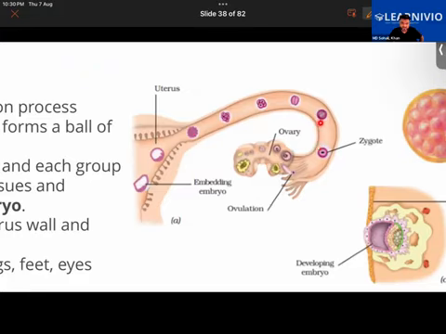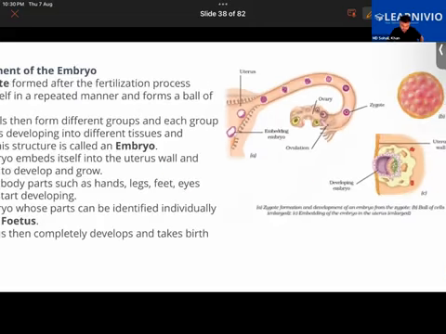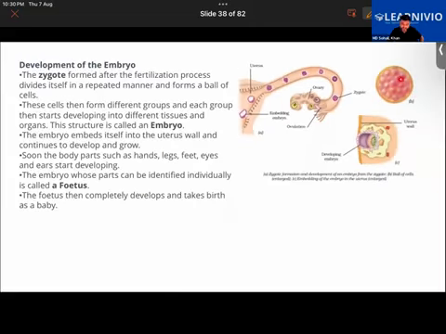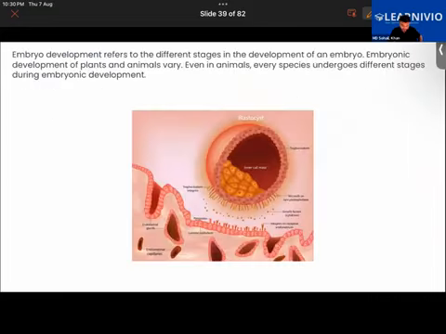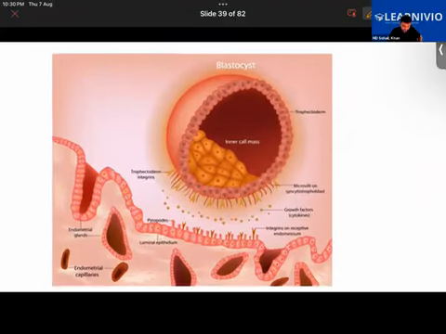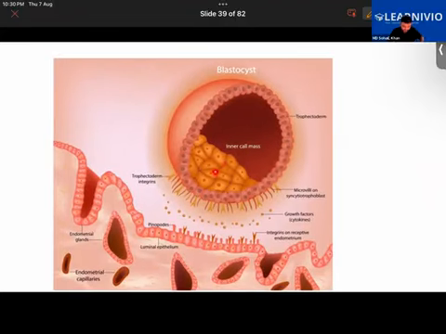At this stage, you can clearly say fertilization has taken place, because the number of cells has started to change: double, then 4, then 8, 16, and so on. If you look at it closely, it looks like a ball of cells like this.